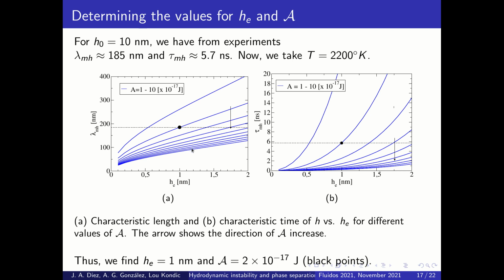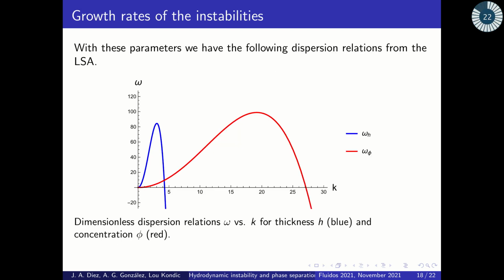So now we have all the parameters to describe the problem, and besides using the linear instability analysis, we can also do numerical simulation of the governing equations. Here, I have the growth rate of the instability, which has this curve showing the dispersion relation.